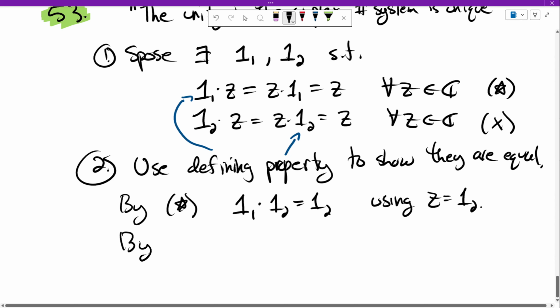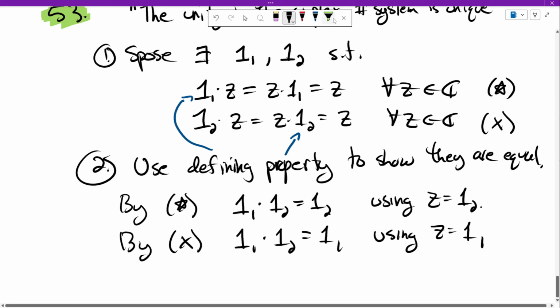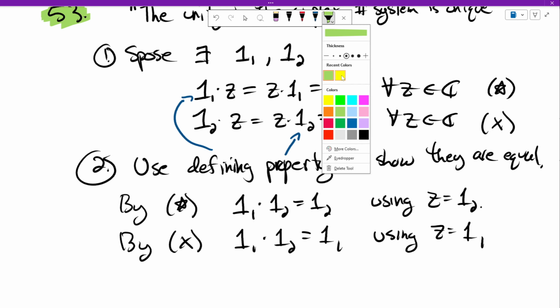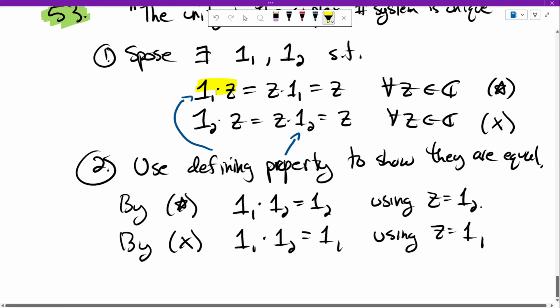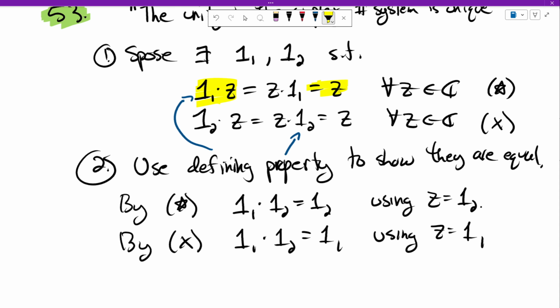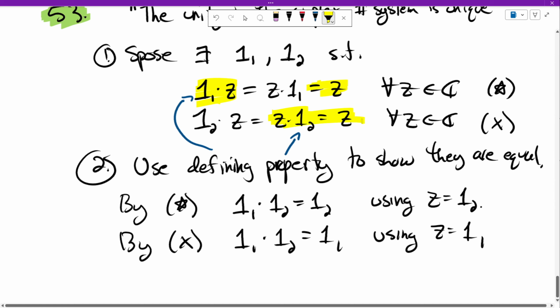And by x, looking at the middle ones, 1_1 times 1_2 is 1_1, using z is 1_1. Sorry, that's a lot of 1s and 2s being floated around. So for star, we're using this part of the equation, and then for x, we're using this part.